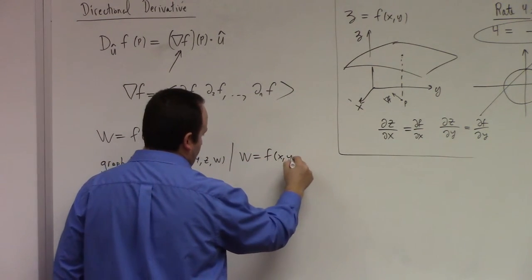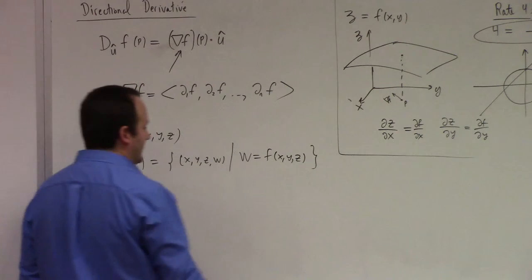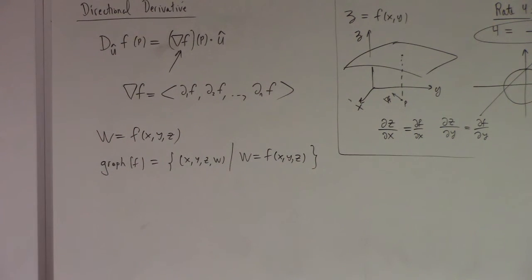That would be the graph of f of 3 variables. It's allowed. But maybe you can visualize it. I personally can't. There are techniques I can use to understand aspects of it, but direct visualization in 4 dimensions is not one of the rights and privileges endowed to me by my creator.